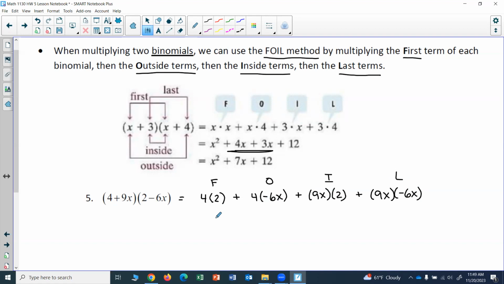So I go ahead and multiply. So I'll get 8. 4 times negative 6 is minus 24x. 9 times 2 gives me plus 18x. And 9 times negative 6 gives me minus 54. And x times x here gives me x squared.